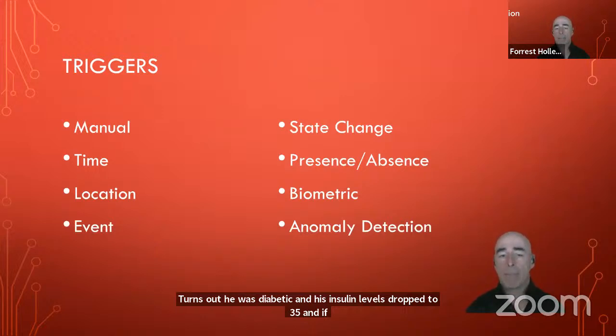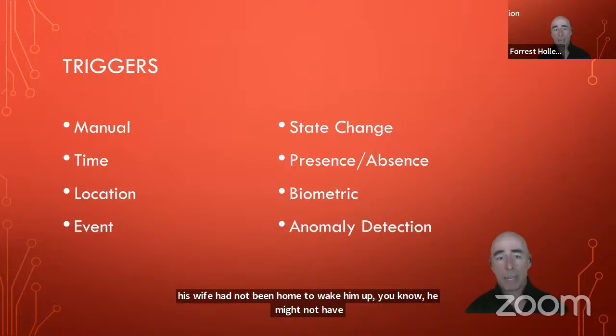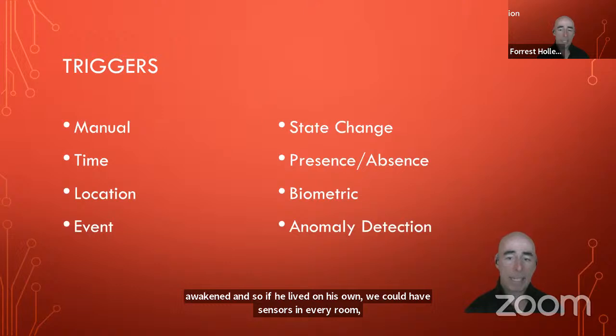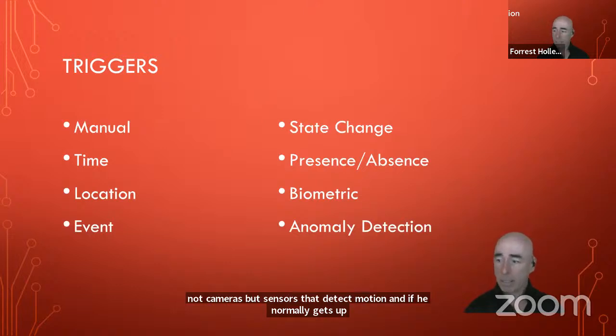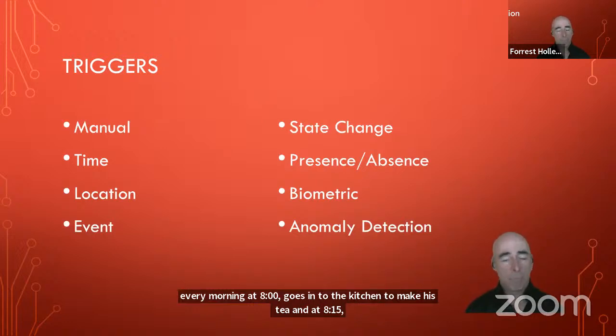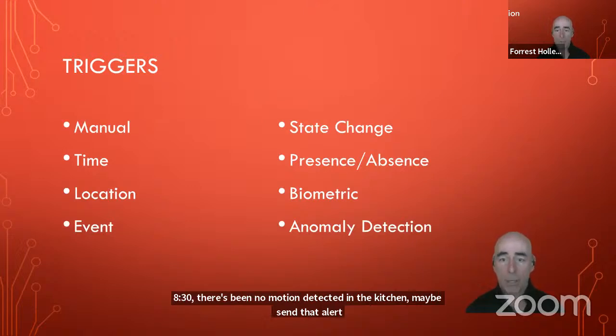And so if he lived on his own, we could have sensors in every room, not cameras, but just sensors that detect motion. And if he normally gets up every morning at 8 o'clock, goes into the kitchen to make his tea, and at 8:15 or 8:30, there's been no motion detected in the kitchen, maybe send out an alert over the speakers, over his Alexa device, and say, John, are you okay?